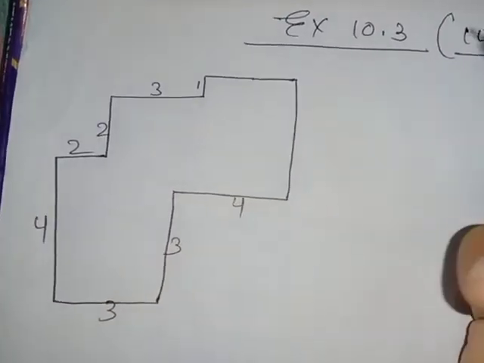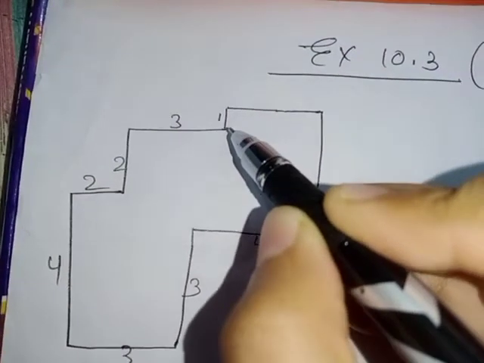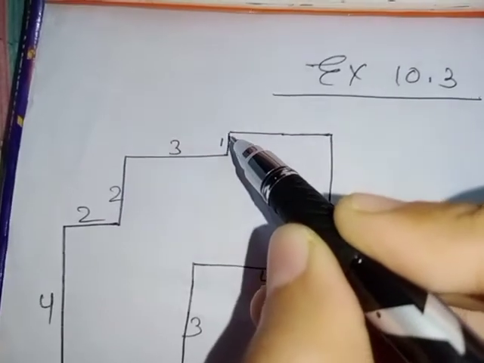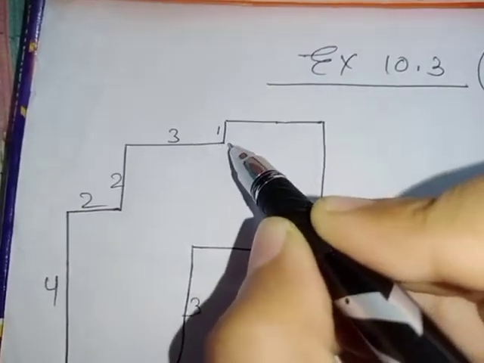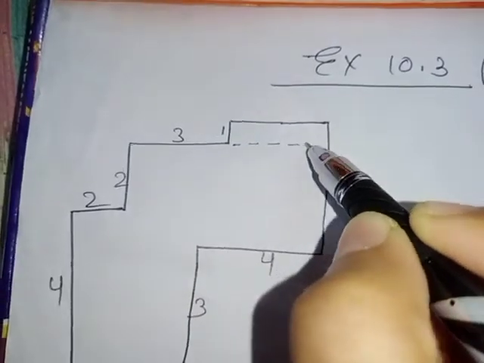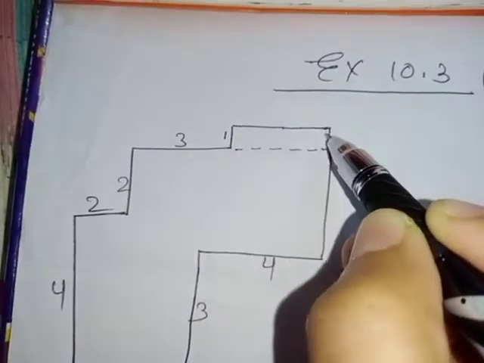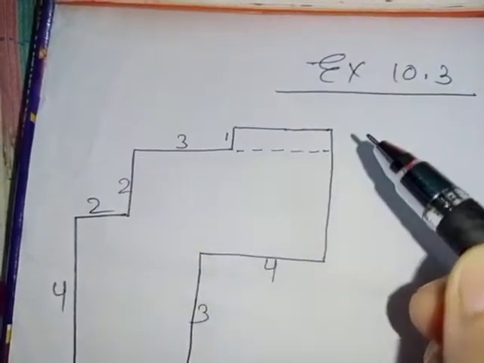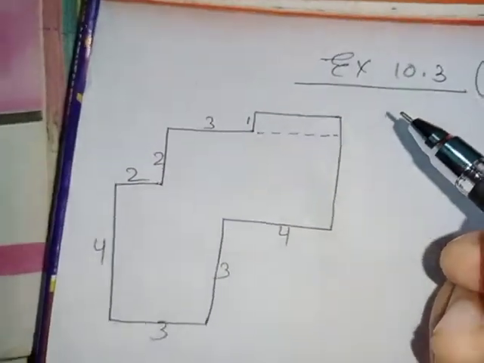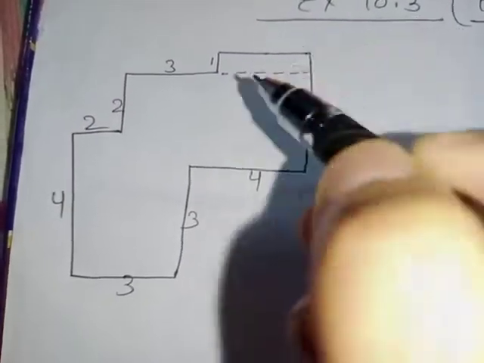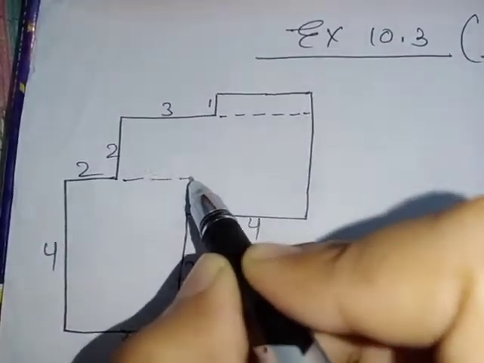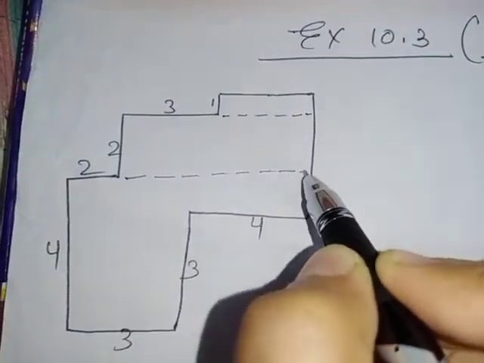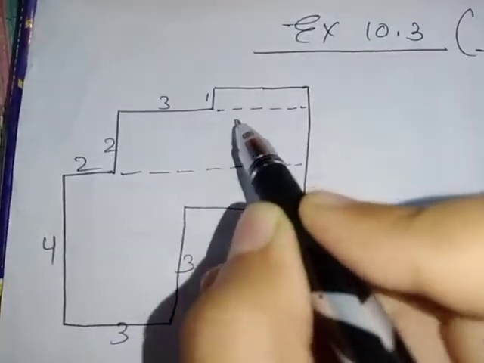You can see this portion has this much part and then here, so we can join a line like this, and this can now be considered as one rectangle. Now if we move further, come to this point, and again we can split it like this, and it can be considered a rectangle.